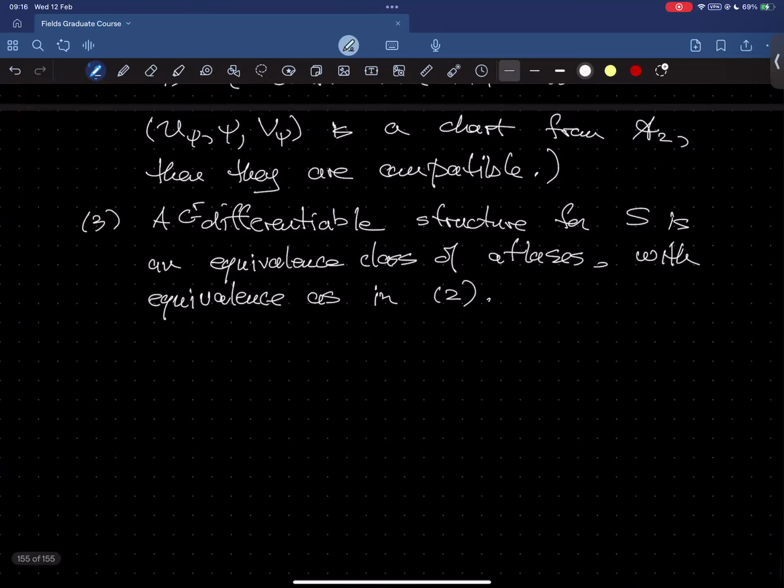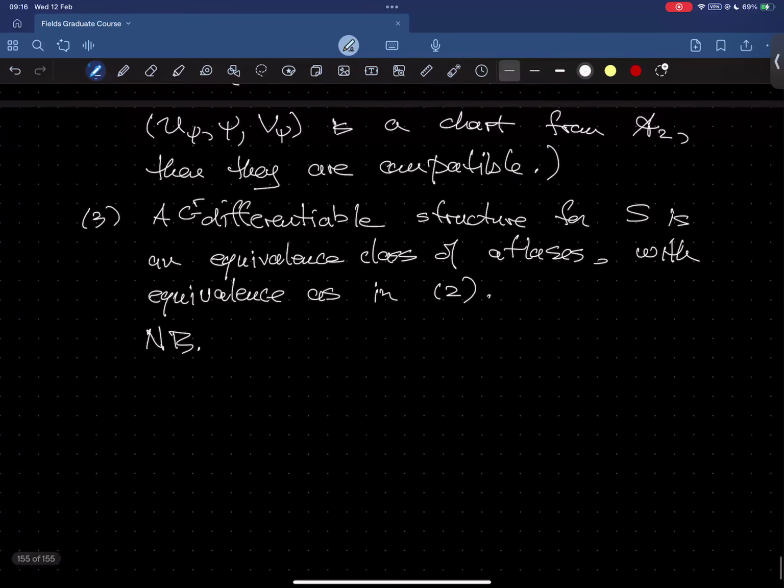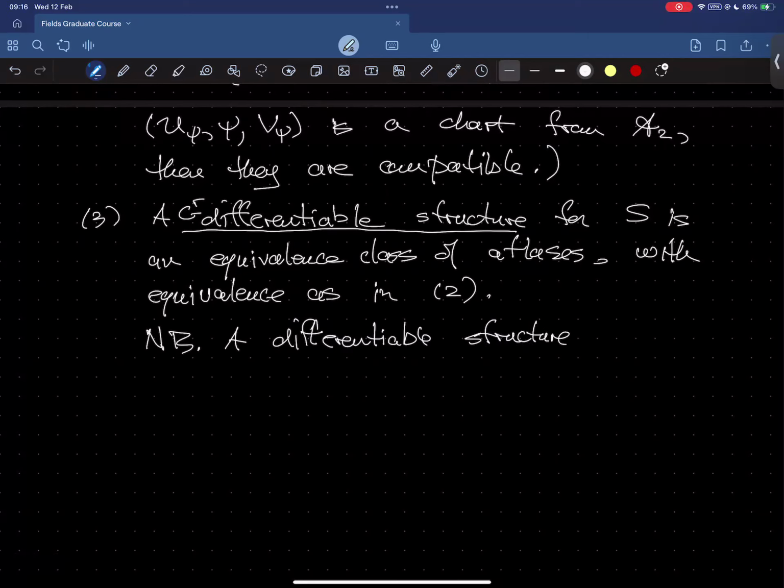Okay, so just the way I've talked about that makes it clear that a differentiable structure, the thing I'm defining, is fixed once one chooses an atlas.